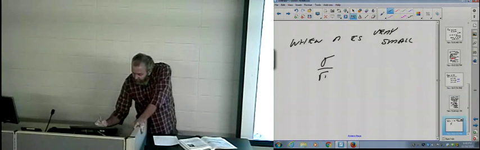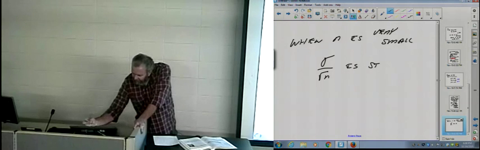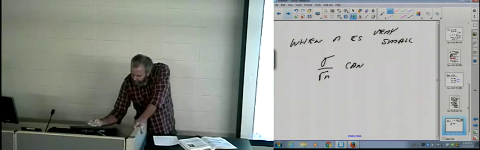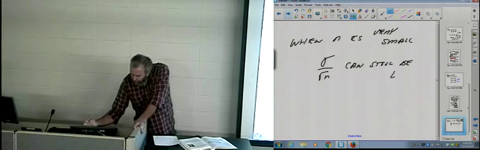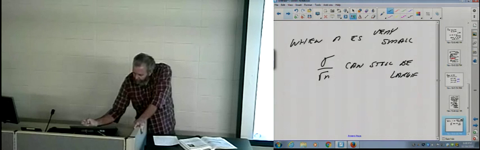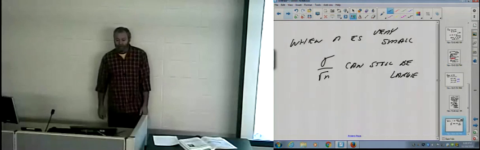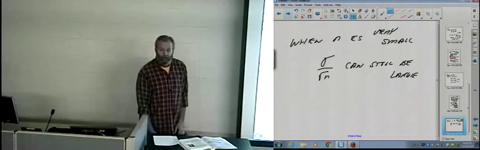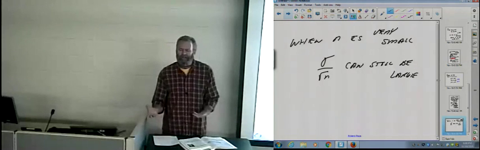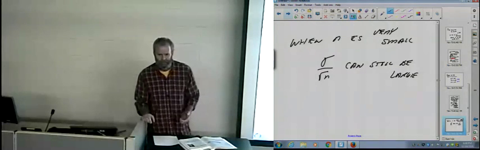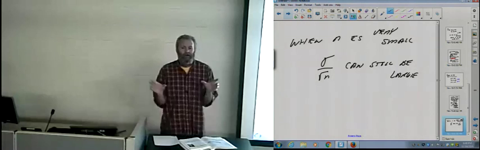Sigma over the square root of n can still be rather large. So here, if that standard deviation, sigma over the square root of n, I mean, it depends on what sigma is. And if you're looking at samples of size 2, 3, or 4, you didn't cut it down by much. So that standard deviation can still be large.